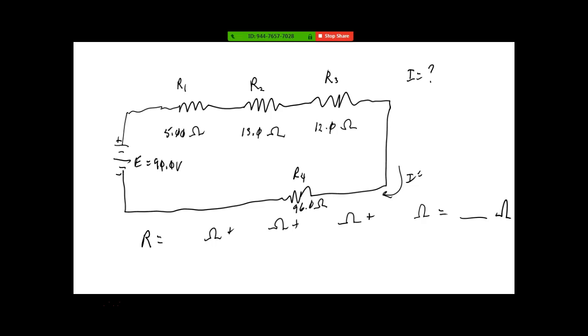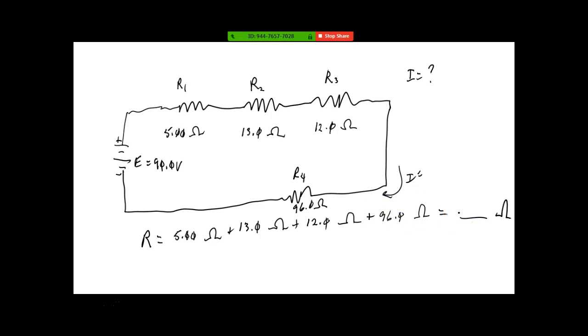But to do Ohm's law, you need to know what I call the effective resistance. The book calls it total resistance. Both of those are good names. You need to know the R, not any one of these R's, the entire R. So that's why at the bottom, I left that formula up here. What is your total resistance? 5.00 ohms plus 13.0 ohms plus 12.0 ohms plus 96.0 ohms.